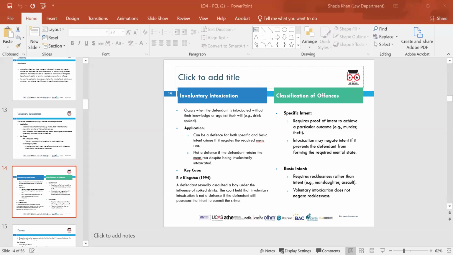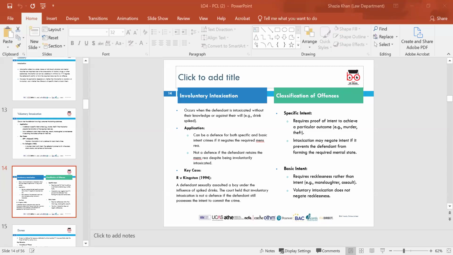The next one is the classification of offences: specific and basic intent. Specific intent offences are crimes that require proof of intention or special mental states. This means that the offender must have intended to commit the crime. Examples of specific intent offences are murder, burglary, arson, armed robbery, GBH, and forgery. The intention or knowledge of wrongdoing is part of the crime.